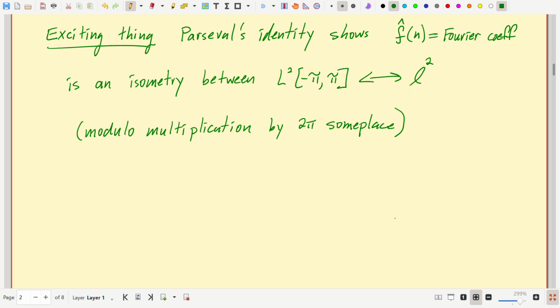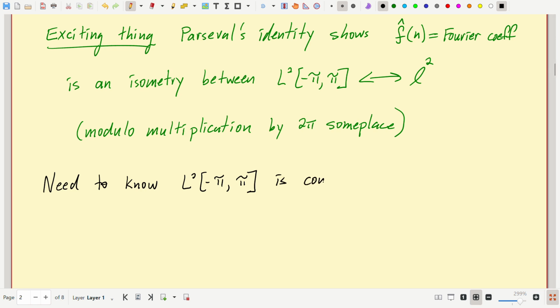Okay, so you need to know L2 minus pi to pi is complete.